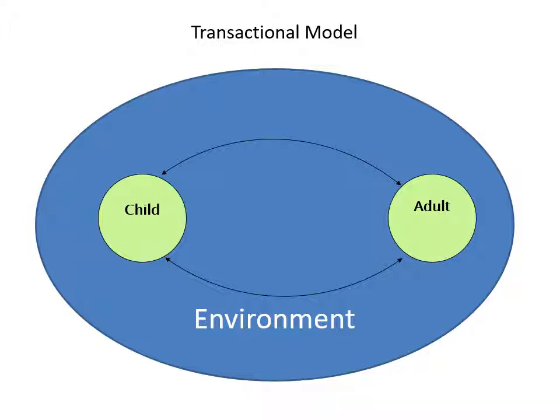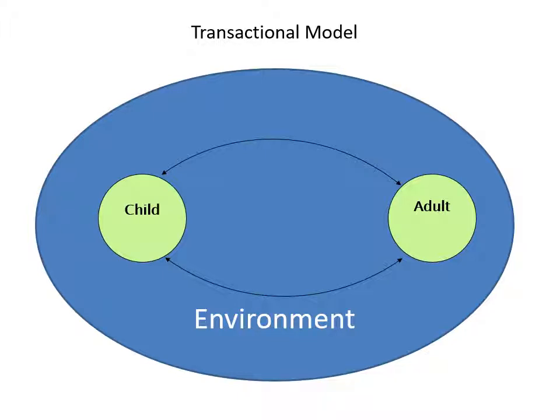When we teach the child to do something new, then the child does that thing, and the adult in the environment then responds differently because the adult realizes, wow, look what he just did. The adult is super excited about that and maybe responds differently to the child because of the child's new ability.